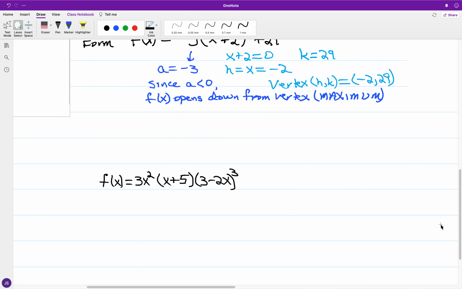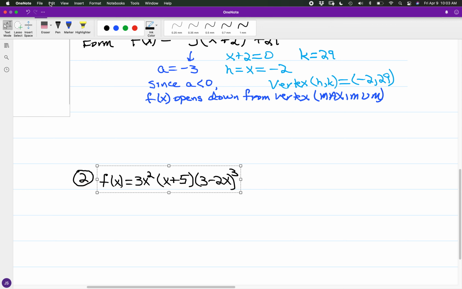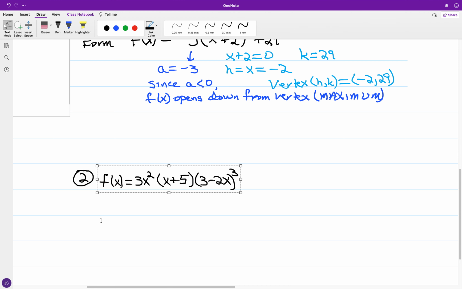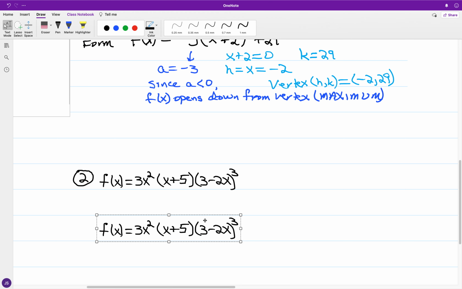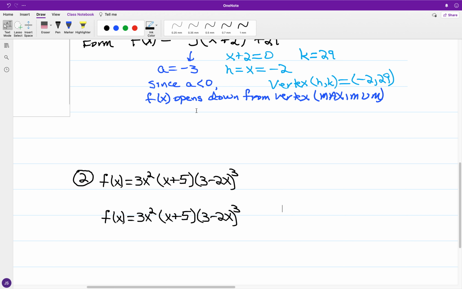Now for the end behavior, this is going to be contingent upon what the highest degree term is, as well as the sign of the leading coefficient and the degree of the function. So for this particular function, we are looking for the highest order term.